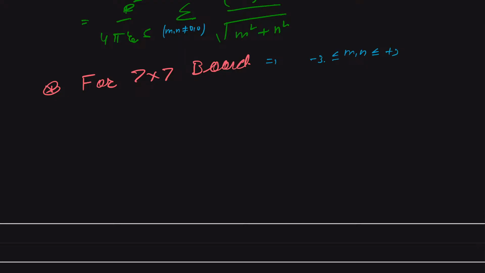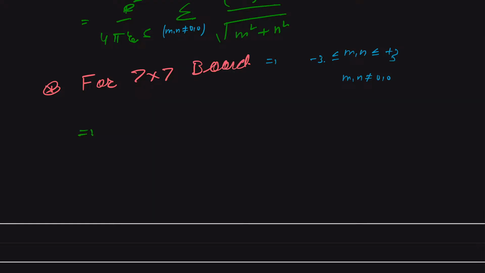Both positive and negative are considered, symmetric, but under the condition that m and n cannot be equal to 0 and 0. So it means there will be a total of 48 charges surrounding the central one.